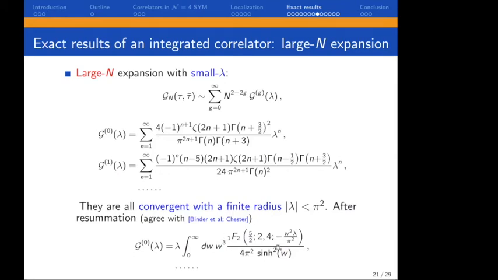This result is again in agreement with what was originally computed previously by Binder and others for the correlators. We computed a lot more high order terms, which are in agreement with results produced by Chester, and we even produce new ones. In principle we can do any order we want.